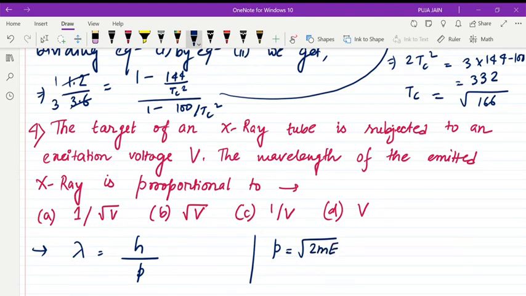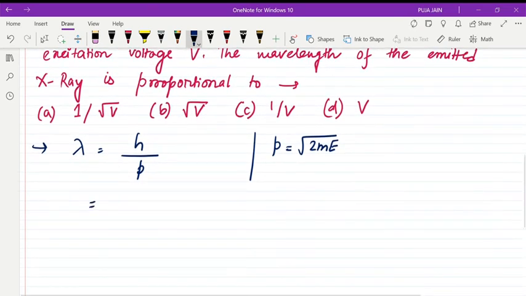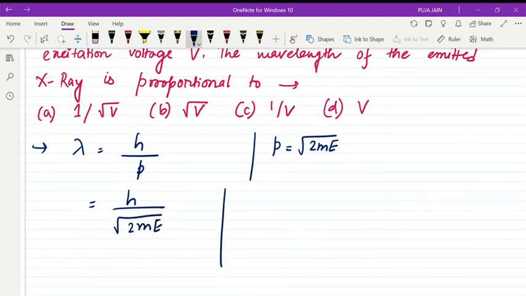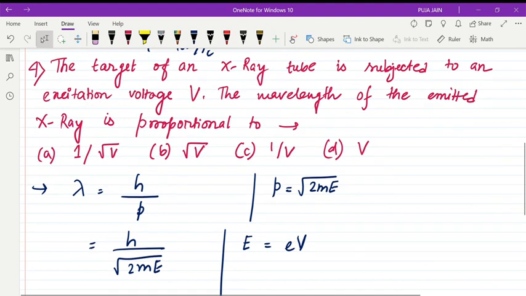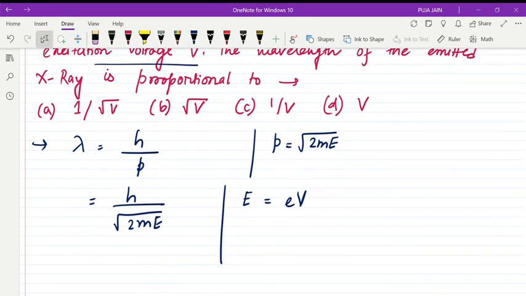Okay, so we will substitute these values. Now here they have said excitation voltage V. So we can say energy equals eV, correct? The E is the kinetic energy, which must equal eV. The excitation voltage is V. So instead of E we will substitute 2m eV.